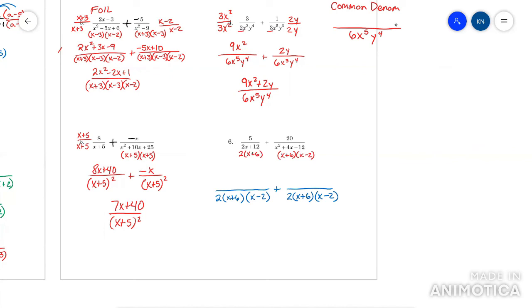So to make this happen, the guy on the left needs the x minus 2. And the guy on the right needs a 2. So distribute and you'll get 5x minus 10, and then on the right it'll be 40. So you'll end up with 5x minus 30 over, plus 30, over that common denominator.